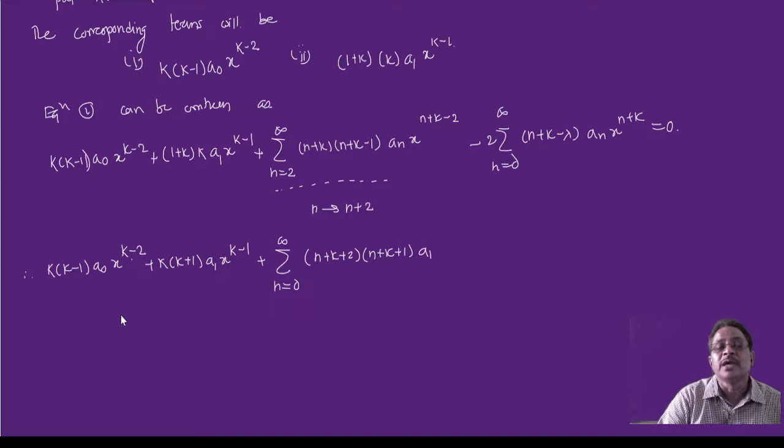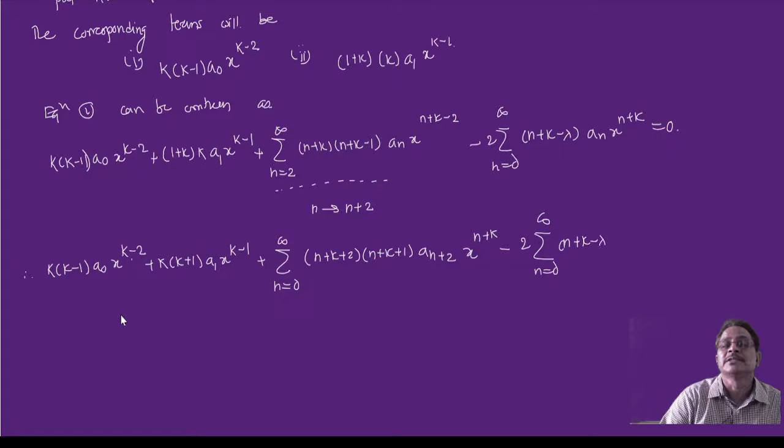Then this is now a n plus 2. Okay, n is to be replaced here, so this n is replaced by n plus 2, and when I replace n plus 2 plus k minus 2, so plus 2 minus 2 will get cancelled and we get x raised to simply n plus k, and minus 2 summation for n equal to 0 to infinity n plus k minus lambda an times x raised to n plus k is equal to 0.